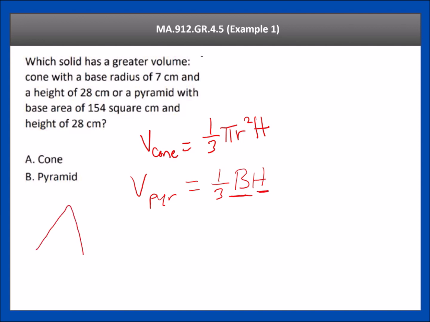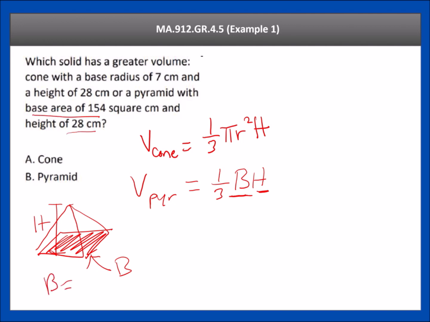So your base area, that's your capital B, and your height, that's your capital H, all right? Now they give you the base area, so they give you capital B, which is 154. They're saying that capital H is 28, all right?